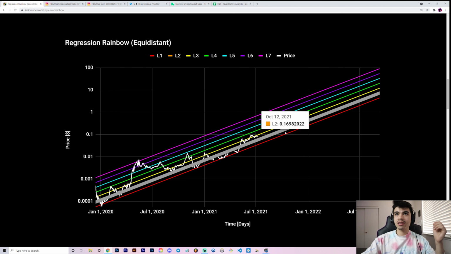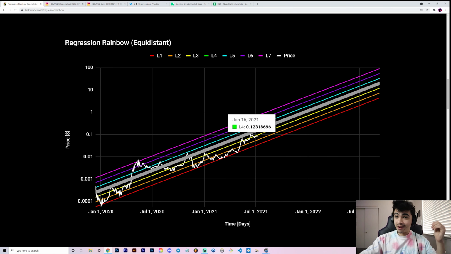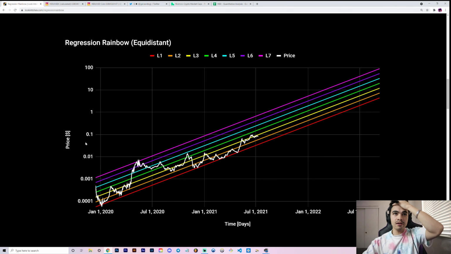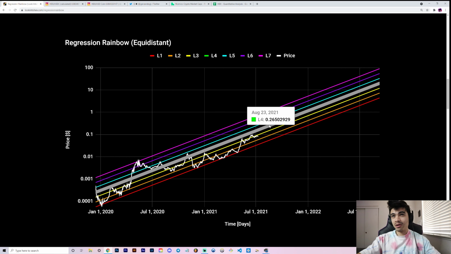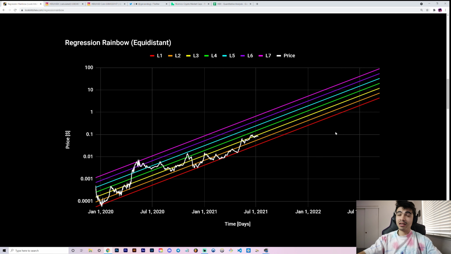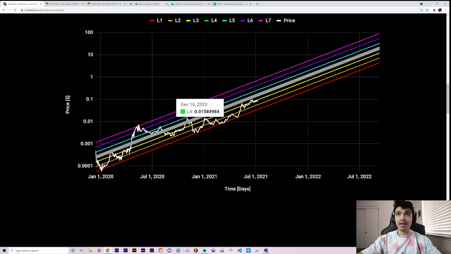I could have chosen to split this up into 10 regions or 3 regions or 7 regions, and that in and of itself is up to the discretion of the one creating the model. So I guess you can argue that the red, the pink, and the green are the real mathematically significant ones, because they are our actual fit, our max extension from fit, and then the midpoint, the midline.